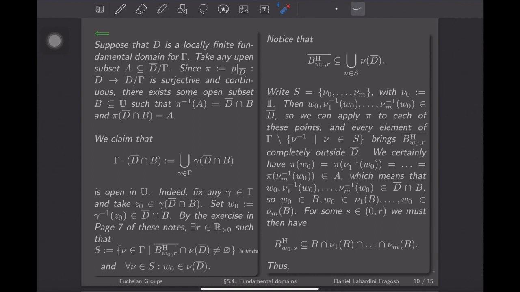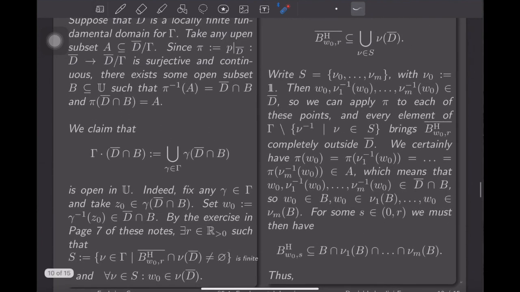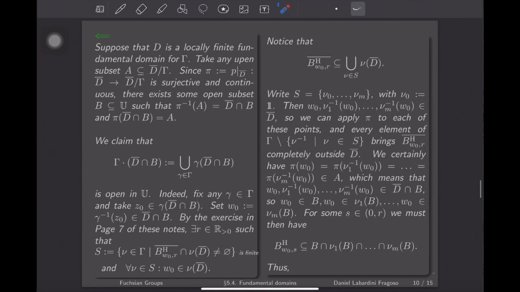and what I notice is that if I pick any point in this compact disk, any point belongs to the image of D bar under some element of gamma, because the translates of D bar cover the whole hyperbolic plane, because D bar contains a fundamental set.